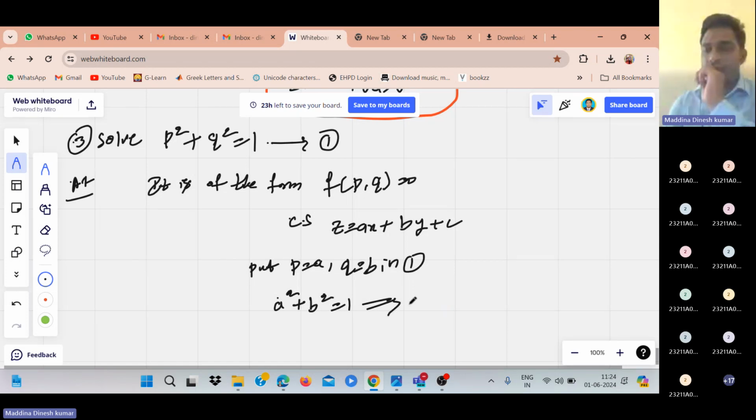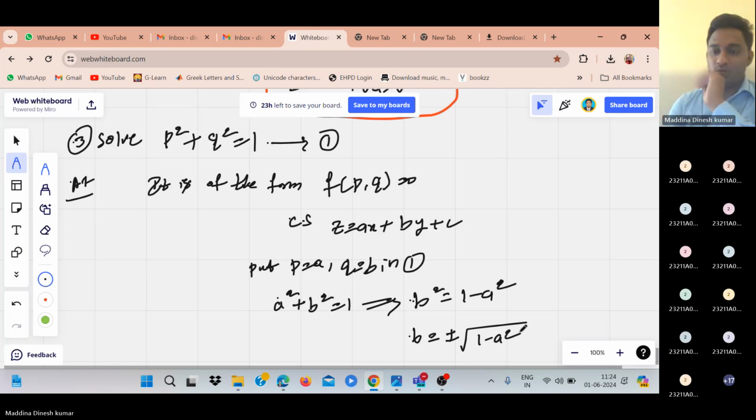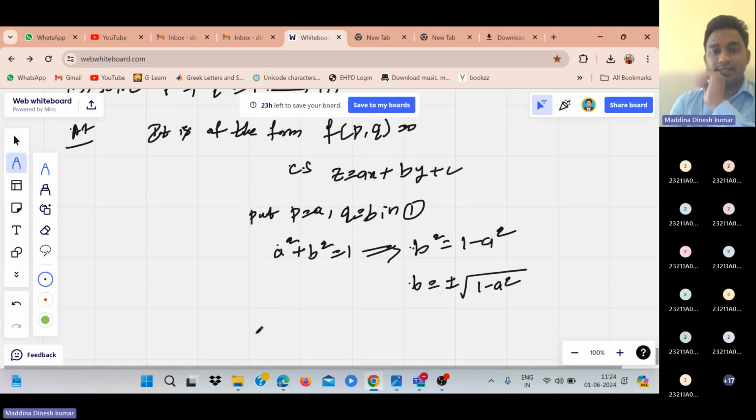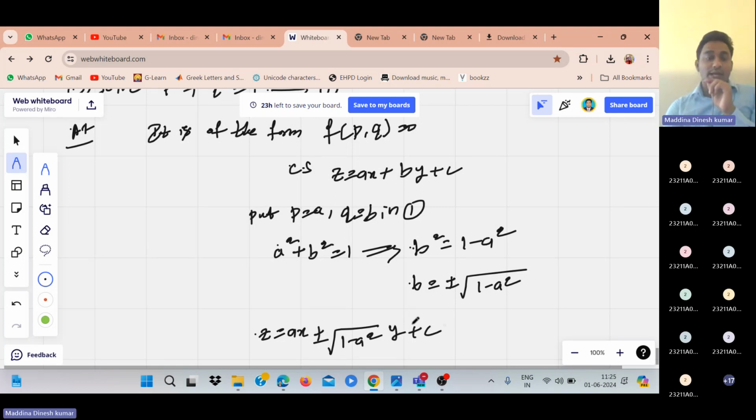So b square equal to 1 minus a square, b equal to plus or minus square root of 1 minus a square. Therefore z equals ax plus or minus square root of 1 minus a square times y plus c. So it is the required solution. That's it.